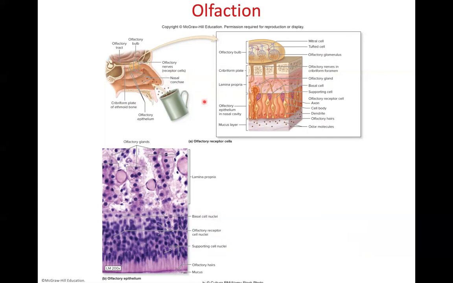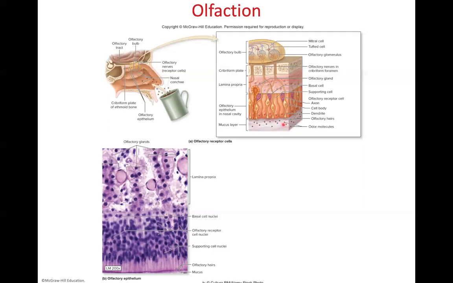So if we look a little bit closer over here, again, down at the bottom, those are those odor molecules, those volatile molecules of the hot Dr Pepper, and they're being dissolved in this mucus layer. Extending into the mucus layer are the olfactory receptor cells. The dendrites of the olfactory receptor cells have olfactory hairs, similar to the taste hairs, that stick out into the mucus layer and bind to just one molecule.